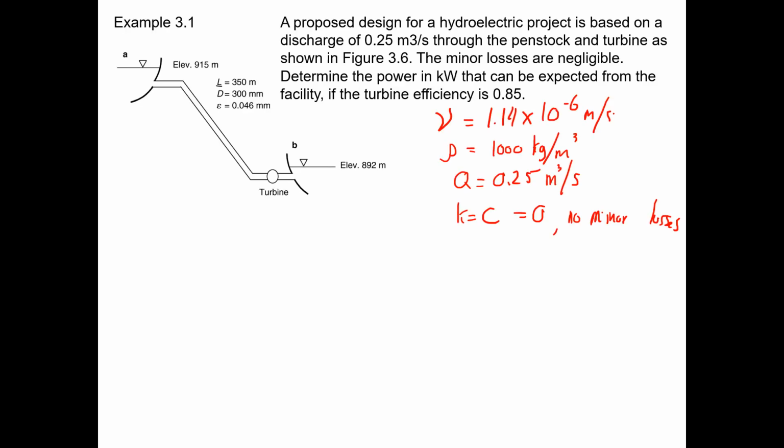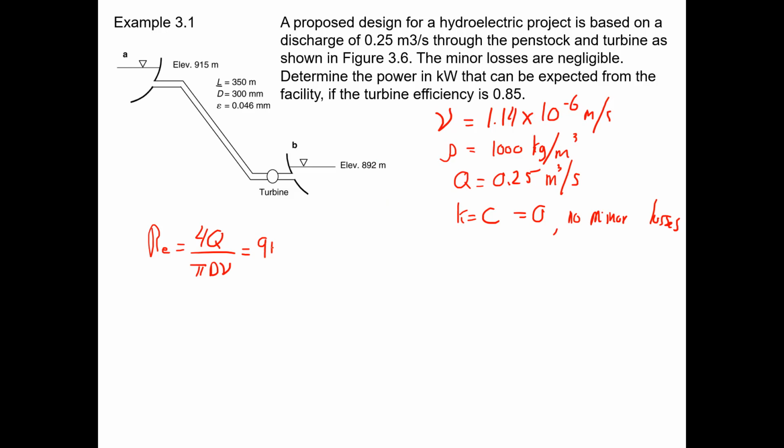With that said, we can go through the calculations one step at a time. Let's start with the Reynolds number. Go back and look up the correlation for Reynolds number. We get 4 times the flow rate divided by pi times the diameter times the viscosity.